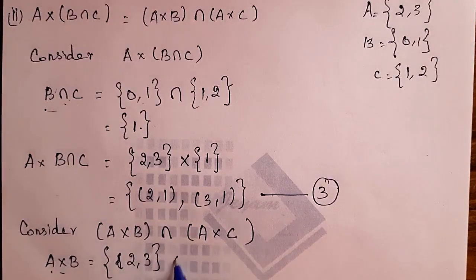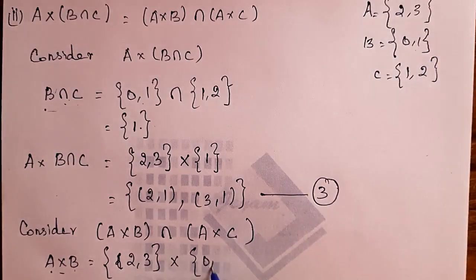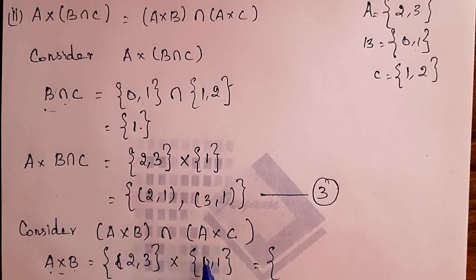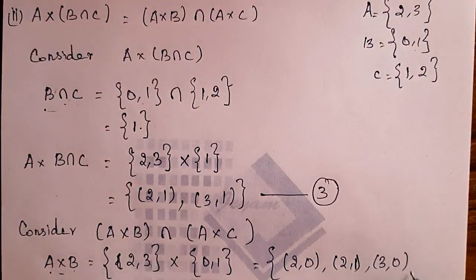Then cross, next B is {0, 1}. We are going to do the cross product, so our outcome will be ordered pairs: (2,0), (2,1), then (3,0), (3,1). Okay, so first part over.